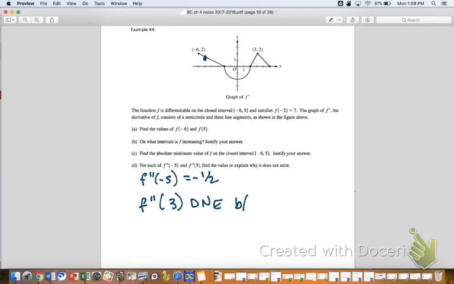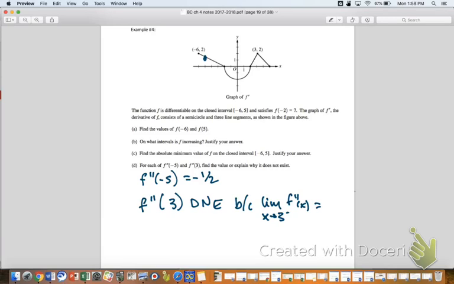But you could say because the limit as x approaches 3 from the left of f double prime, because we're talking about the slope of f prime, so from the left equals, well, gosh, from the left that's linear, isn't it? And it looks to me like it has a slope of 2.